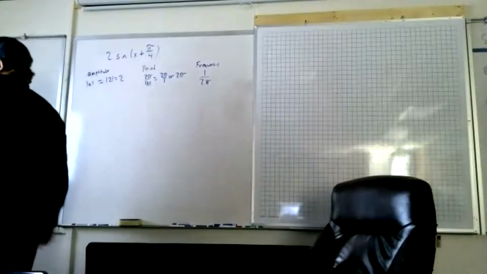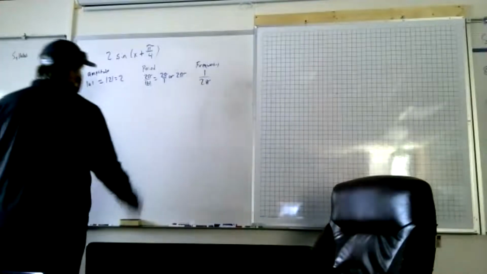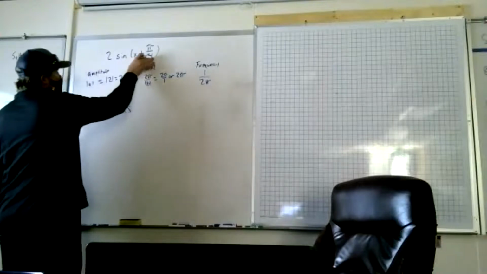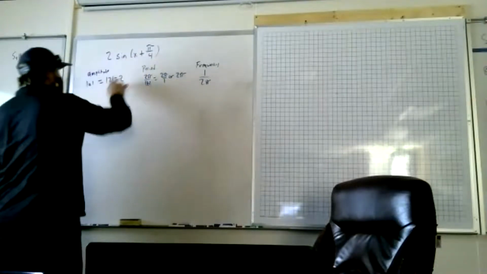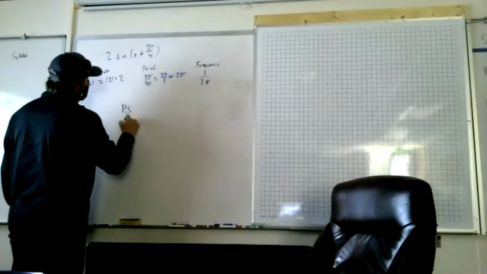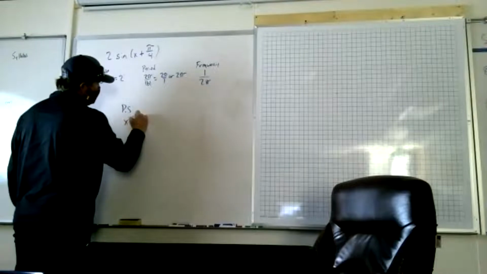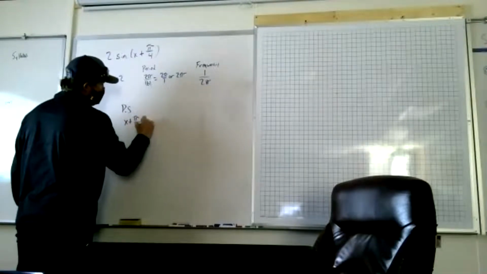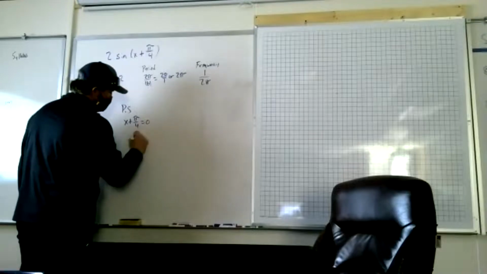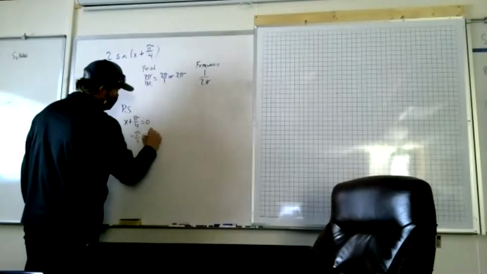And then phase shift. We can find that by taking whatever's on the interior of our parentheses, bx plus c, and setting it equal to 0. So we have x plus pi fourths, set that equal to 0 and solve for x, minus pi fourths on both sides.